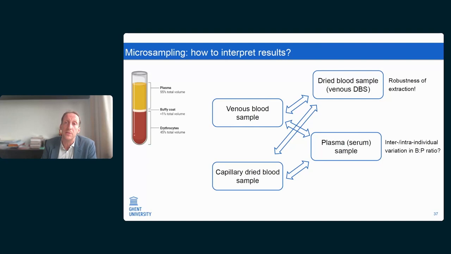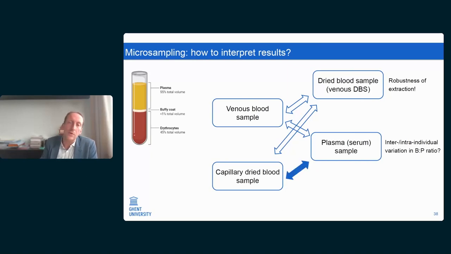And importantly, you could also have capillary venous differences. So what you measure in a finger prick sample may, because of physiological reasons, yield a different result from the same measurement in a venous context. And there's nothing wrong with that, but it may imply that you should not use these results interchangeably.